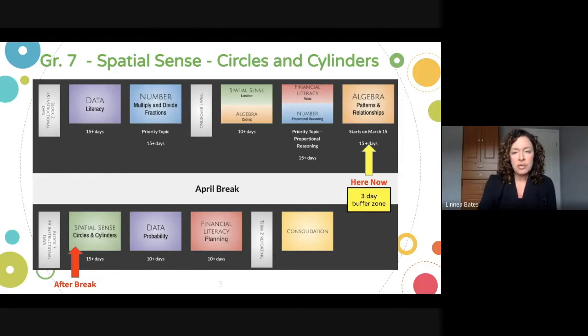There is a 3-day sort of buffer zone in there. So you do have a little bit of wiggle room, of course, whereas, again, we're looking at the April break coming next week. And after that April break, we're, of course, hoping that everybody will be ready to start the spatial sense unit, which is measurement, and in grade 7 is focused on circles and cylinders.